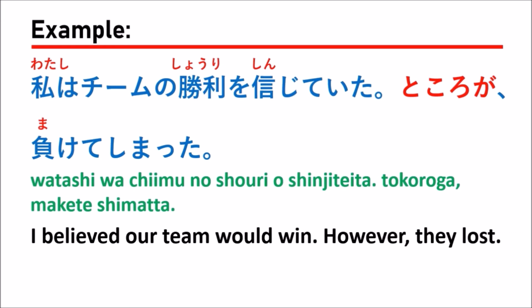So what you have to remember is that the expectation and the result are opposite to each other. And when we use Tokoroga, we can translate it into English as however, even though, or even so.